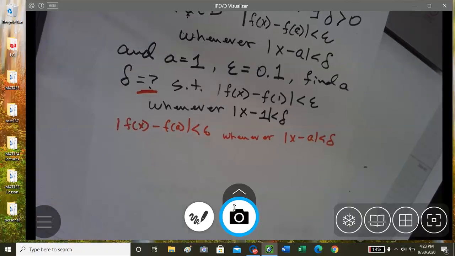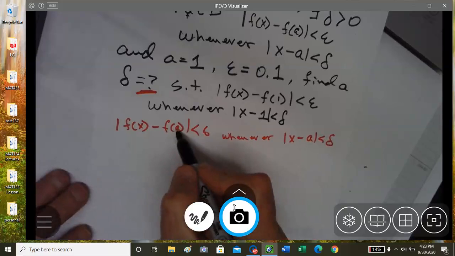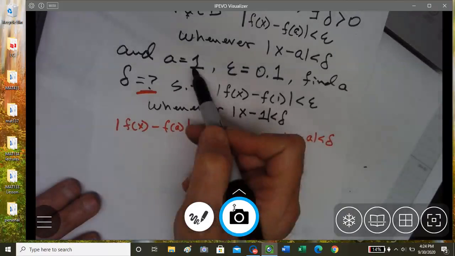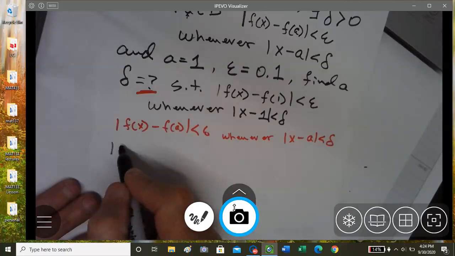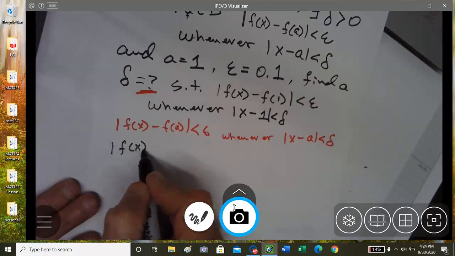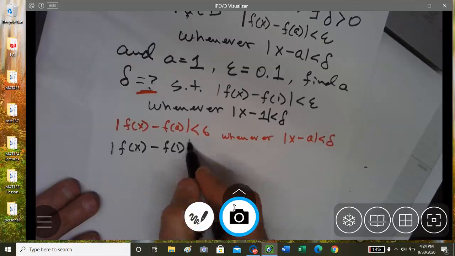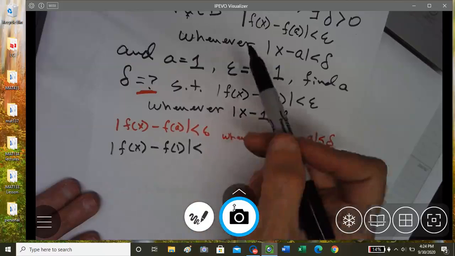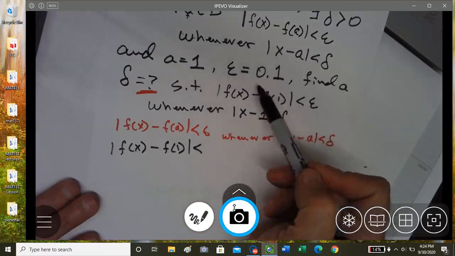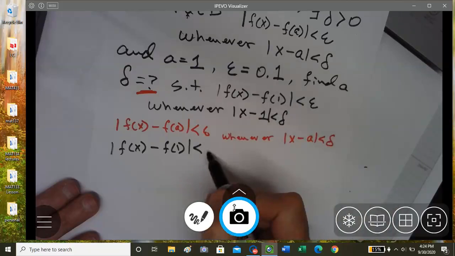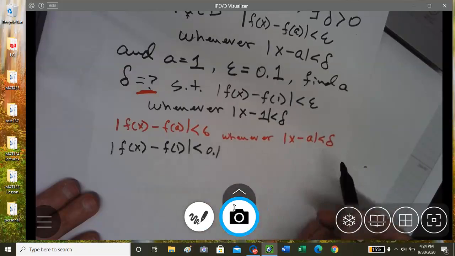All right, so what we do is we know that a is 1. So we can say f of x minus f of 1 is less than epsilon, and we're saying epsilon is 0.1. So we can put 0.1 here.